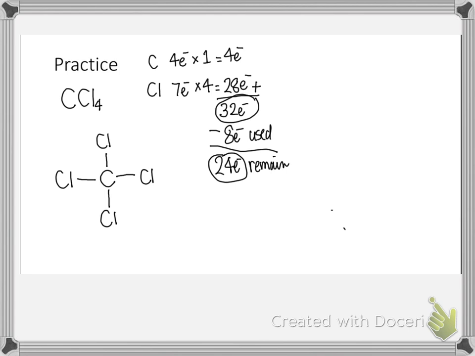So the chlorine already has 2, so then I would add 3 pairs. Right? So then that chlorine has 8 because it has 2, 4, 6, 8 because I added 3 lone pairs. And all the chlorines are the same, so I'm going to go around and add 3 lone pairs to each chlorine.